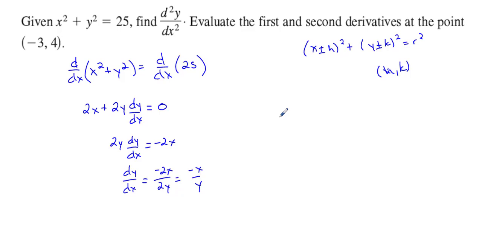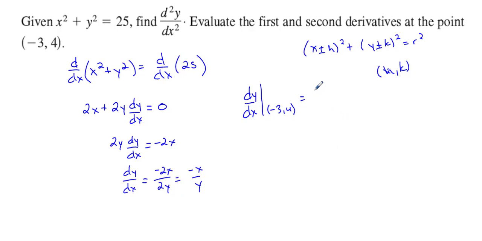All right. Well, there's your first derivative. It says evaluate the first and second at that point. Well, let's evaluate the first at this point while we're here. dy/dx, which stands for the first derivative, evaluated at the point (-3, 4), written in ordered pair notation.